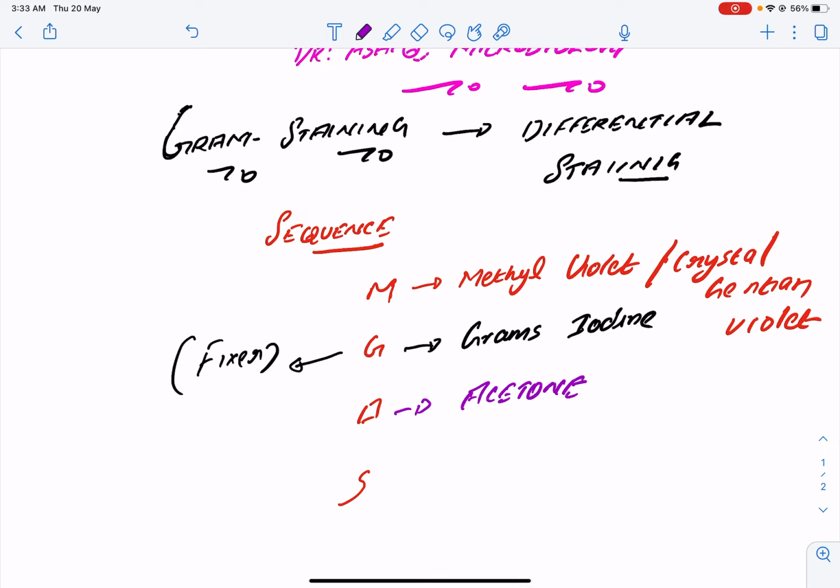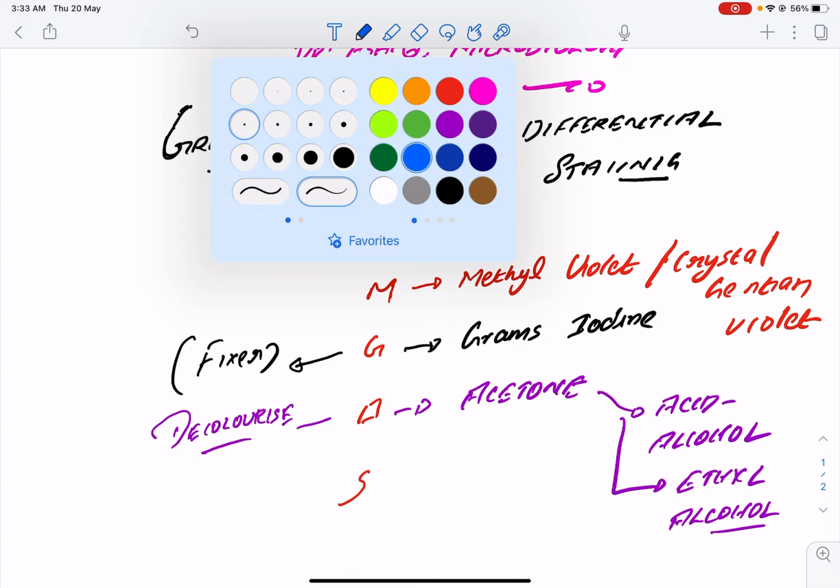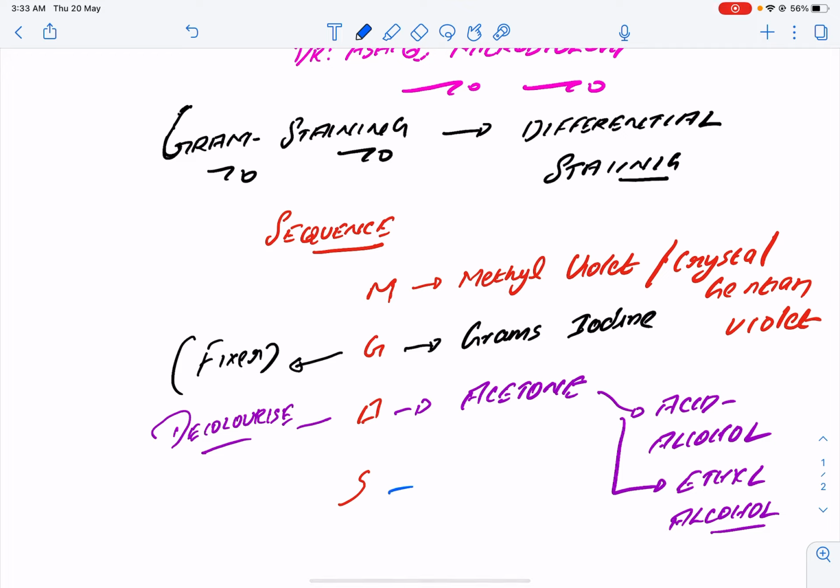It can be alcohol, that is acid alcohol, or we use ethyl alcohol. It's a good decolorizer here. The last one, this S, is for safranin stain. So that's all about gram staining and its sequence.